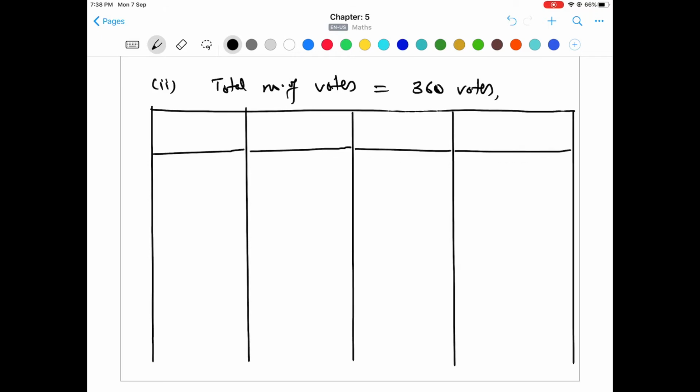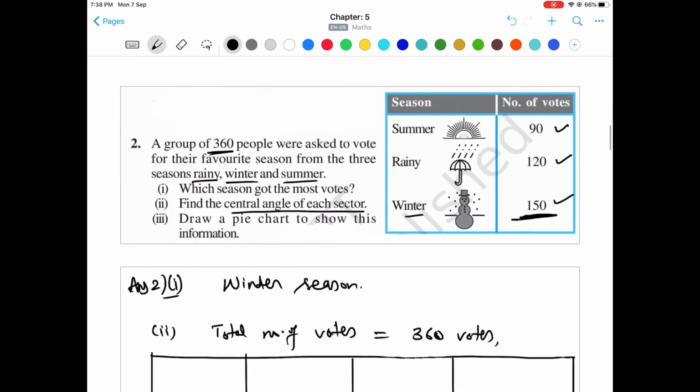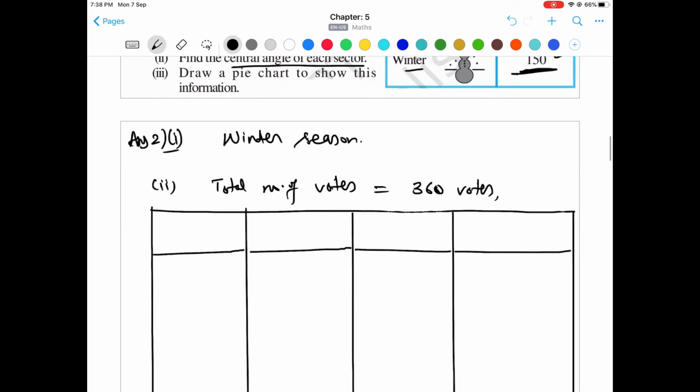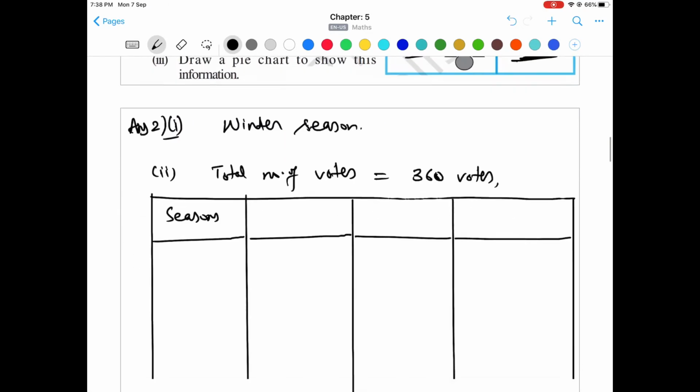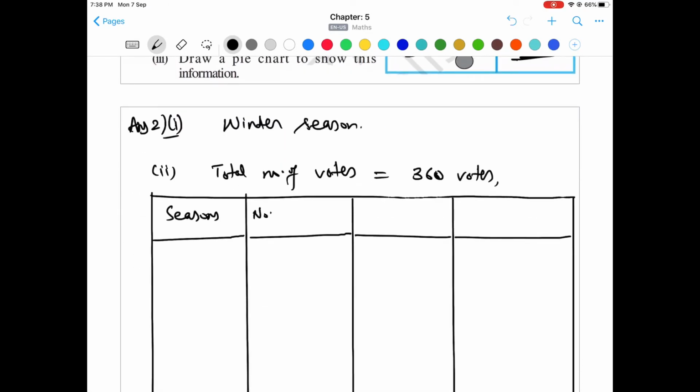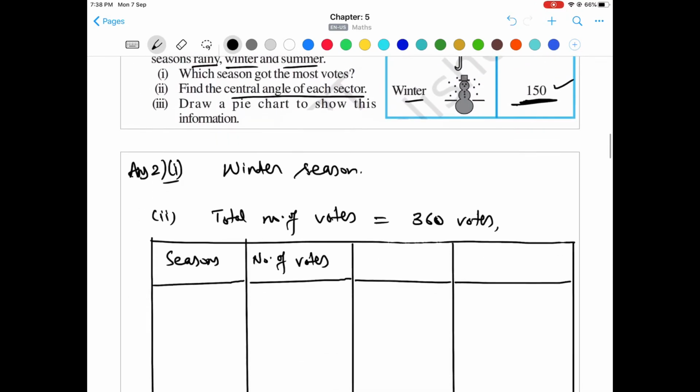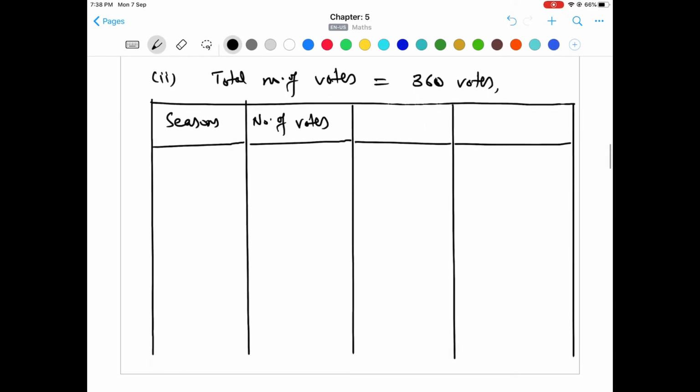In the first row, in the first column we'll write the season, then the number of votes, then the fraction, and the next is central angle.